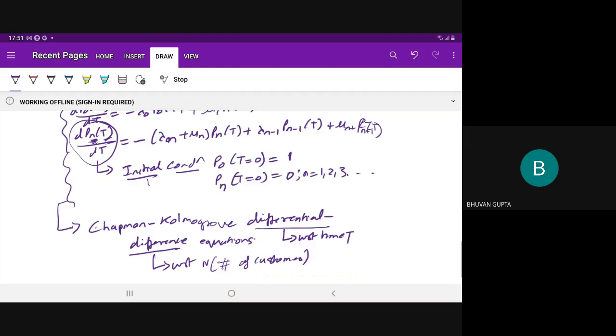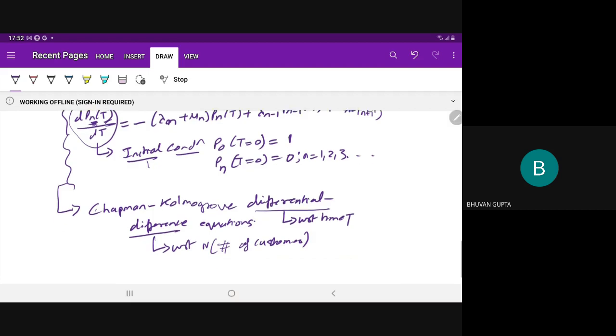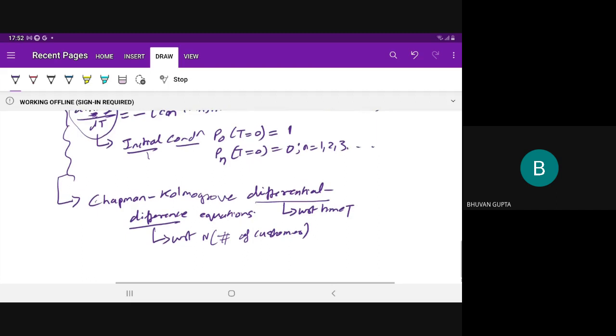Just wait a bit. A very important line is coming. So here we have the Chapman-Kolmogorov differential difference equation under the following initial condition. Just one more minute I will take.